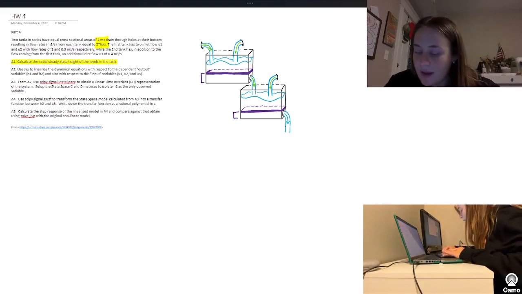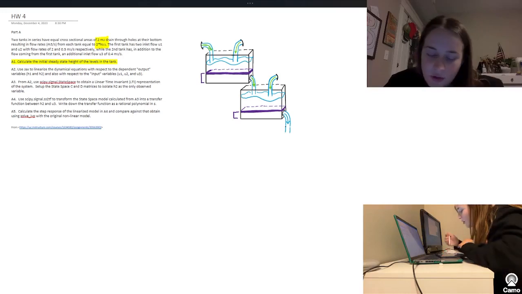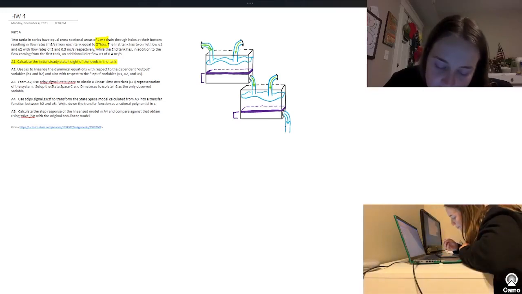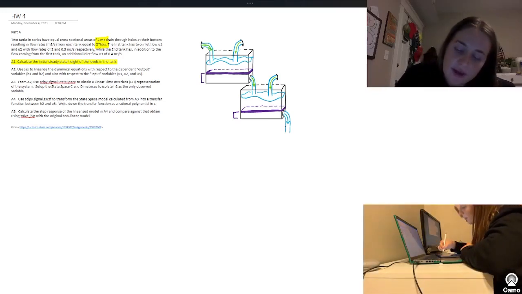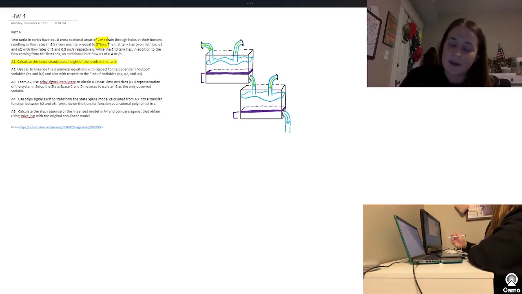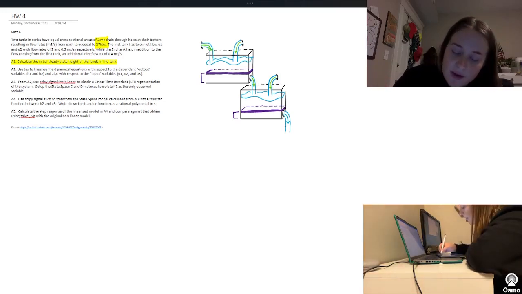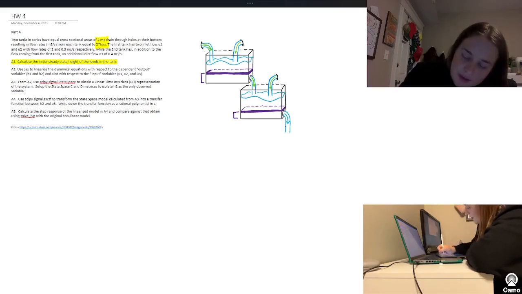And then we also have 3 different streams coming in. So I will be calling this U1, and it is equal to 2 meters cubed per second.